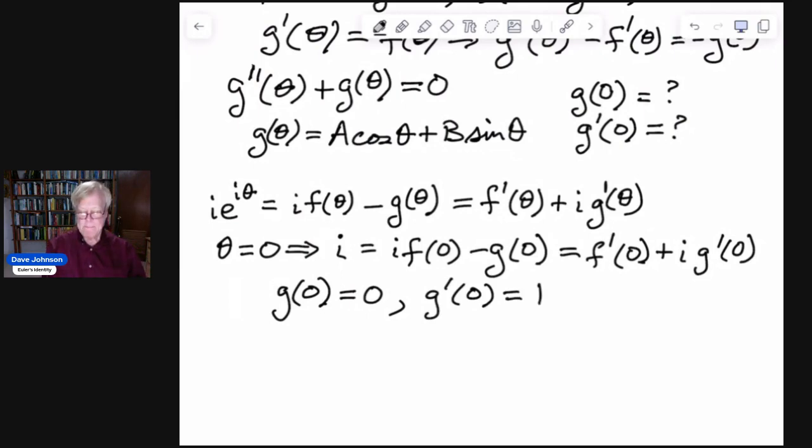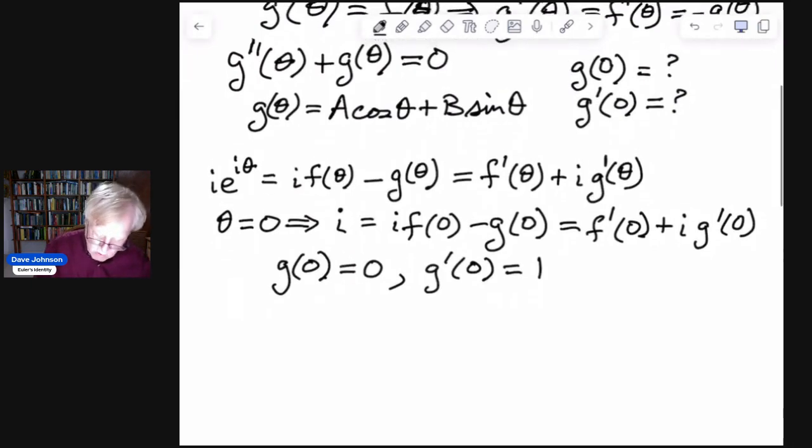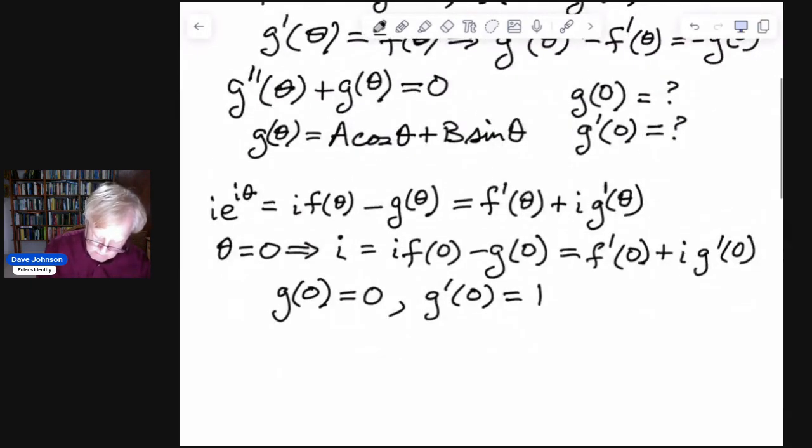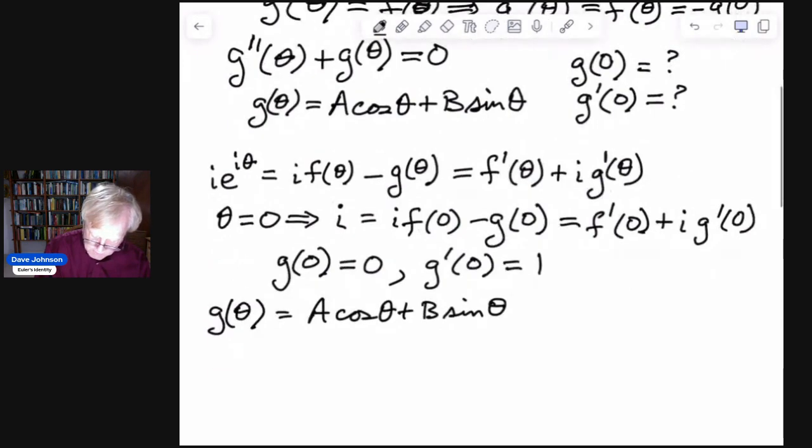Okay. Well, now we can start to figure out what a and b are. So let's look at g of theta. Let's remember what that is. So a cosine theta plus b sine theta. And so if we plug in 0, we get g of 0 is equal to a times cosine of 0, which is 1.